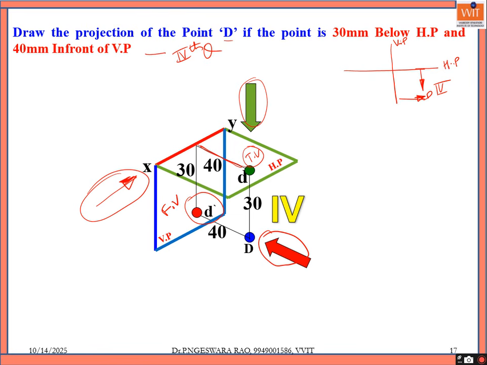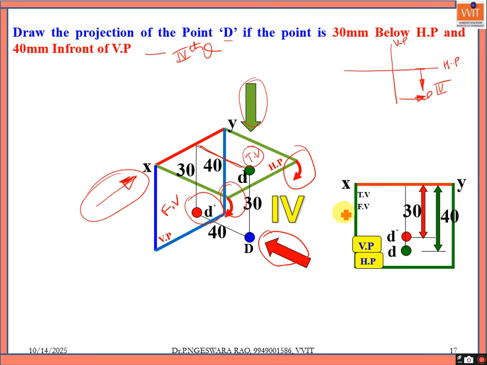rotate the horizontal plane clockwise by 90 degrees. So the horizontal plane clockwise means it will be down, it will be like this. So after rotation, in this case, both front view and top image will be below the XY line.